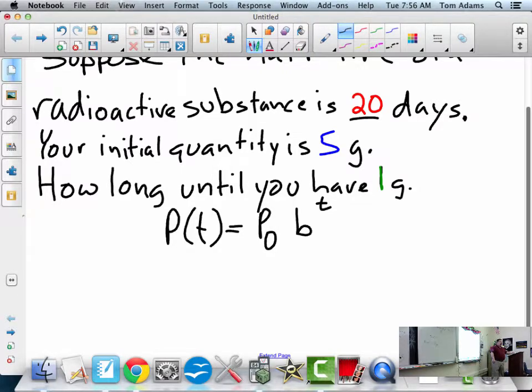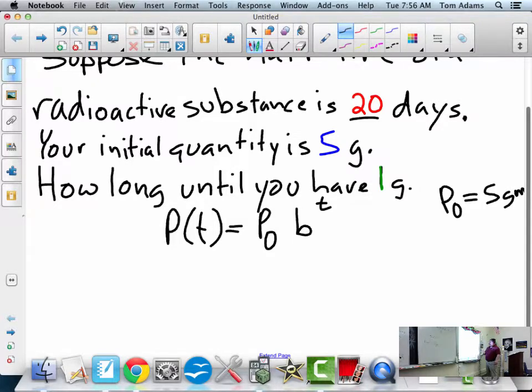All right, so we want an equation that sort of looks like this. Well, we know a couple of things. One thing we know is that our initial quantity P naught is equal to 5 grams.